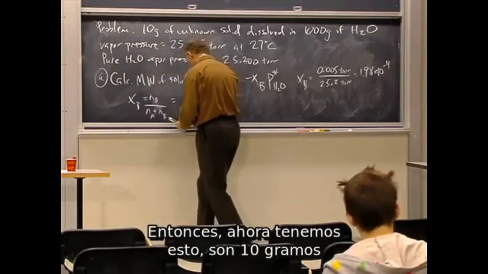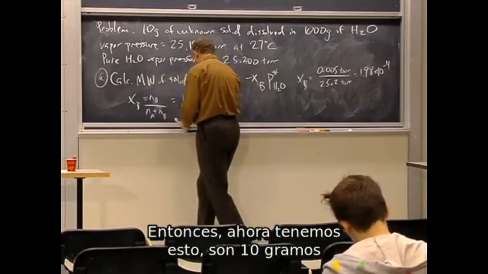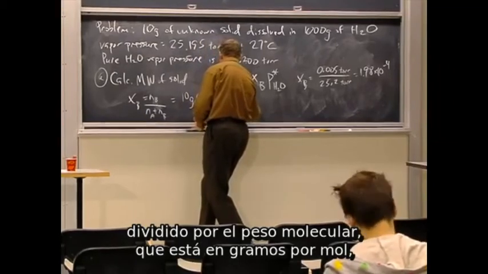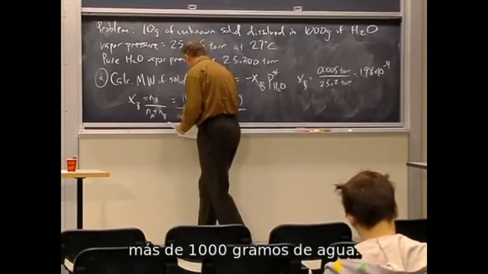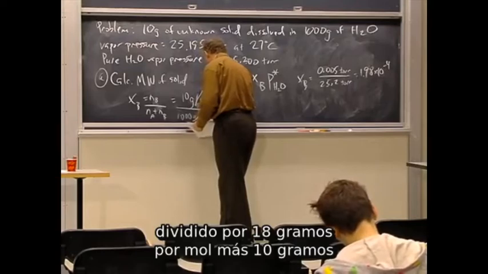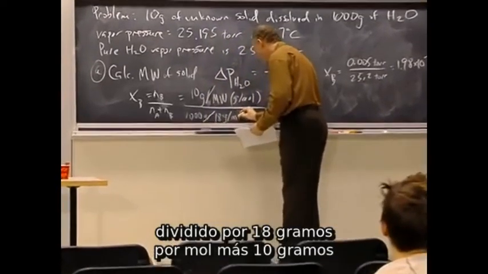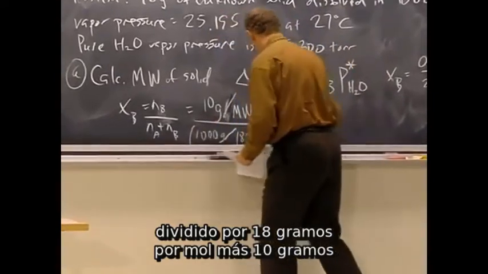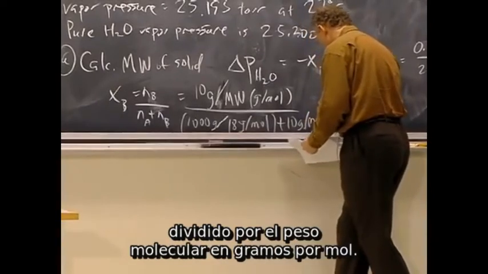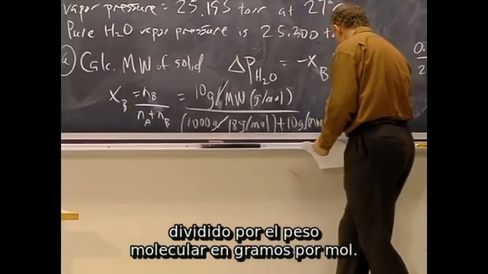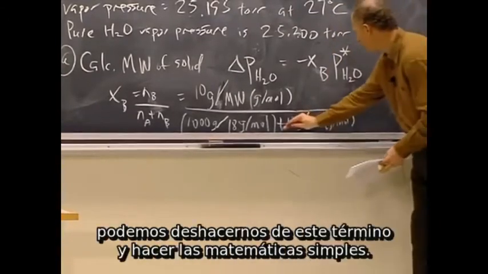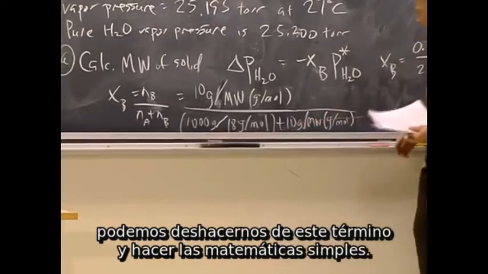So now we have this, it's 10 grams divided by the molecular weight, which is in grams per mole, over 1,000 grams of water divided by 18 grams per mole plus 10 grams divided by the molecular weight in grams per mole. But since the solution is overwhelmingly water, we can get rid of this term and make the math simple. Can you see that?